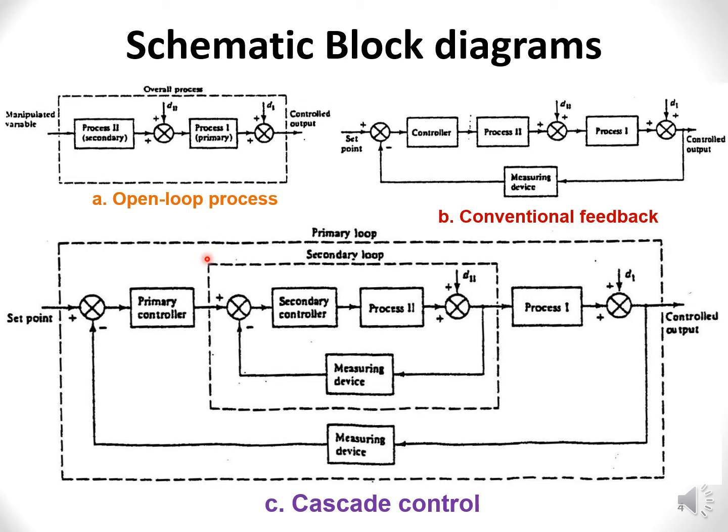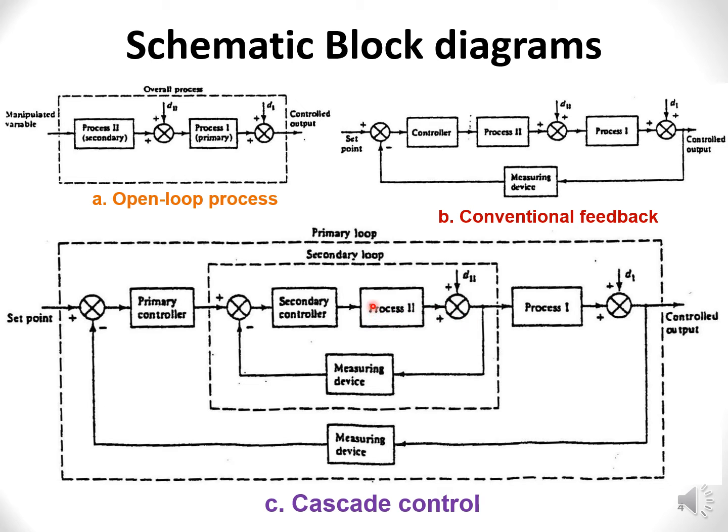So by using the cascade control method, we'll have the same thing outside, but inside the loop we also measure the temperature of the coolant, and then we compare with the set point coming from the primary controller. That is used to drive the secondary controller to control the flow of the coolant. That becomes the basic output to change process 1, which is the temperature of the reactor, and this is the temperature of the inner loop, the coolant loop.